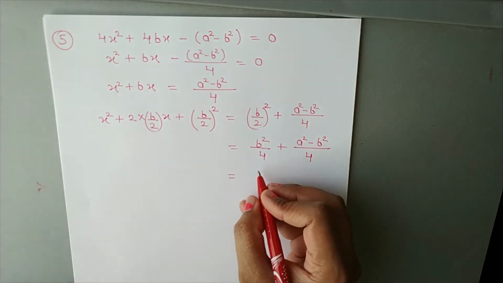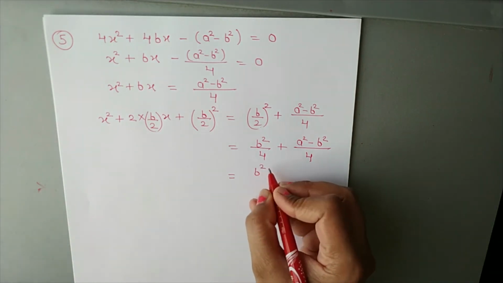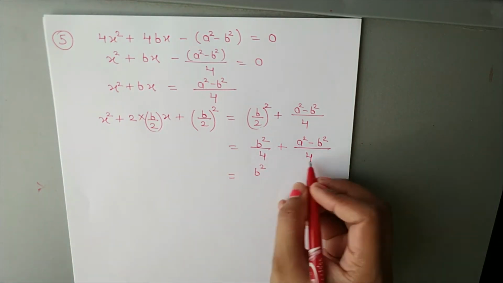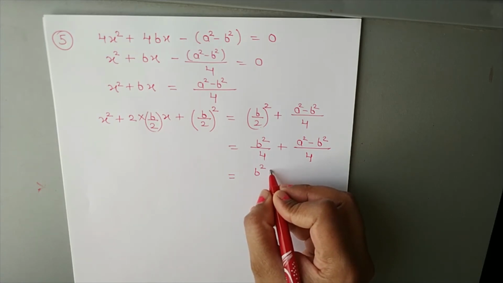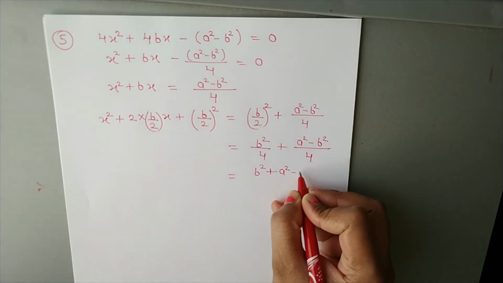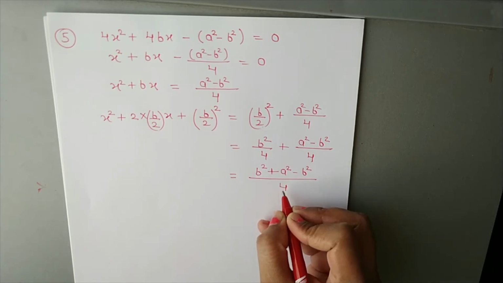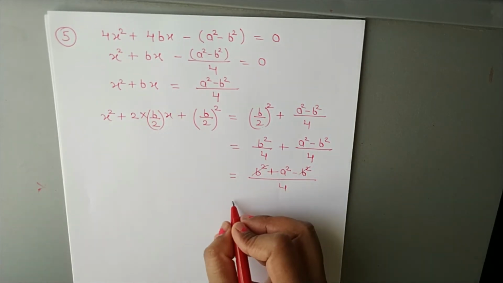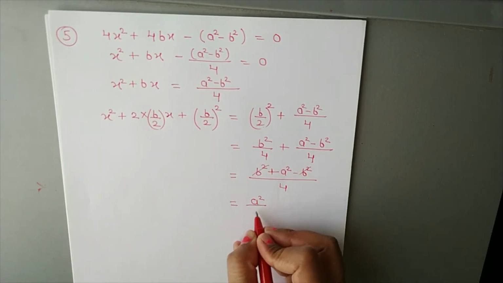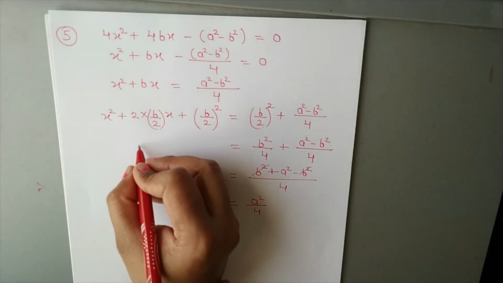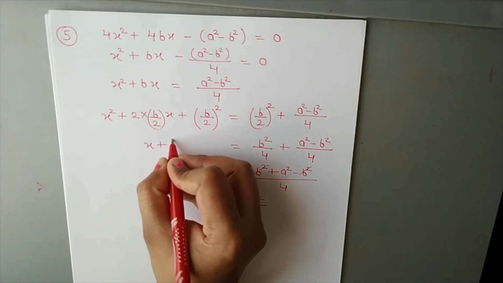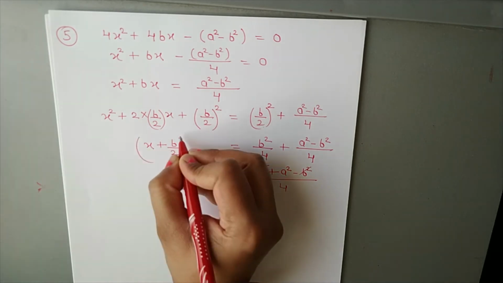As denominators are the same, the numerator will be added: a square minus b square upon 4. So b square and b square will be cancelled, so it will be a square upon 4. Now it will be x plus b by 2 whole square.